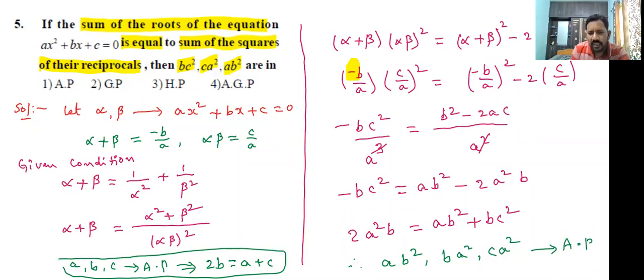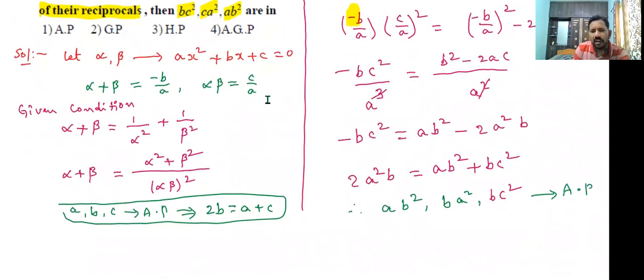Okay. And here BA square, BC square. Here I have written a mistake. This is not CA square. BC square. AB square, BA square, BC square are in AP. Students, here I have written a mistake. This is not B. That is C now.